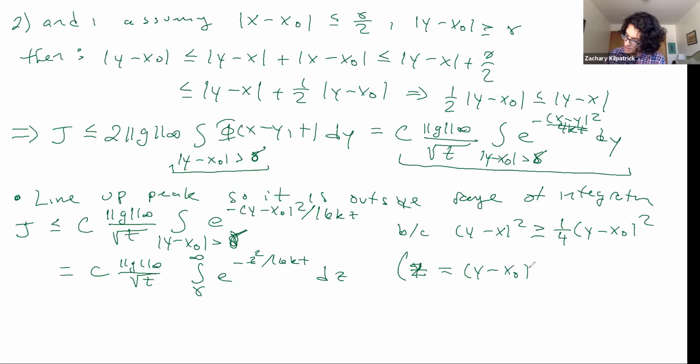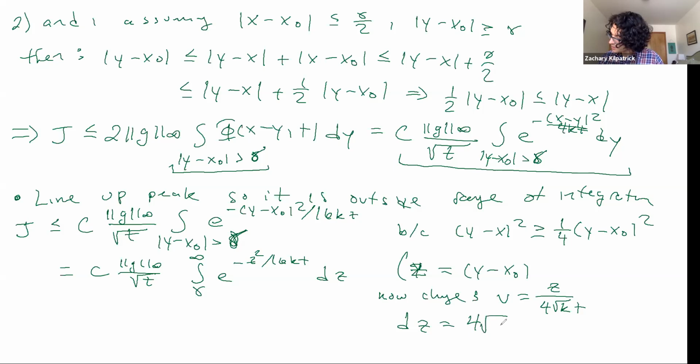And now if I take another change of variables, okay, and we'll call it v is equal to z over 4 times the square root of kt, and I get that dz is equal to 4 times the square root of kt dv.